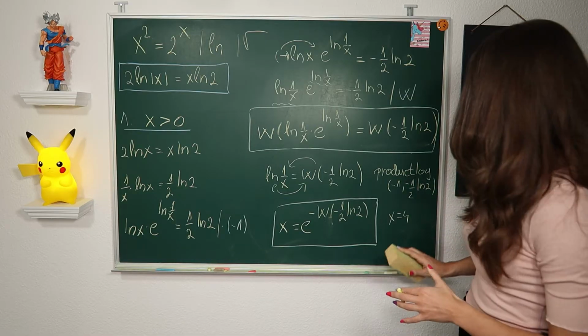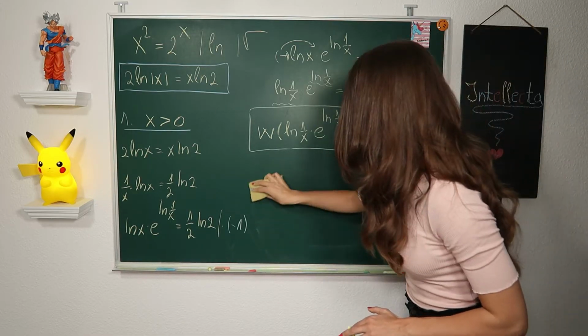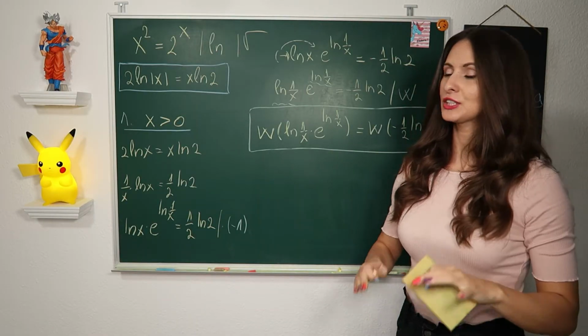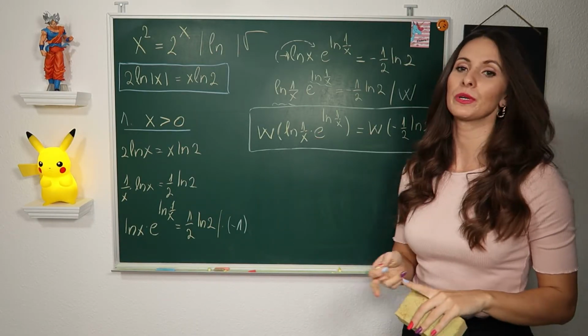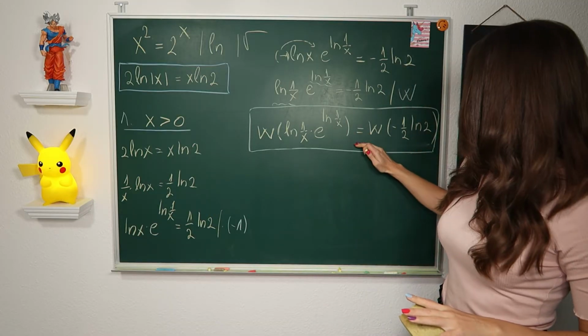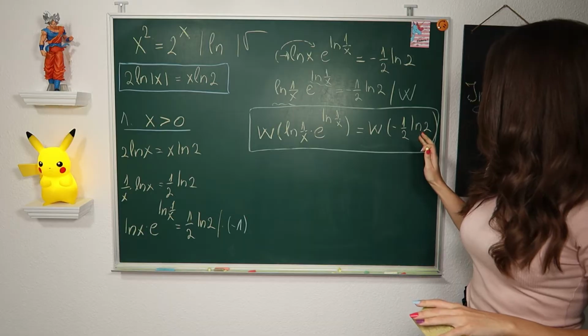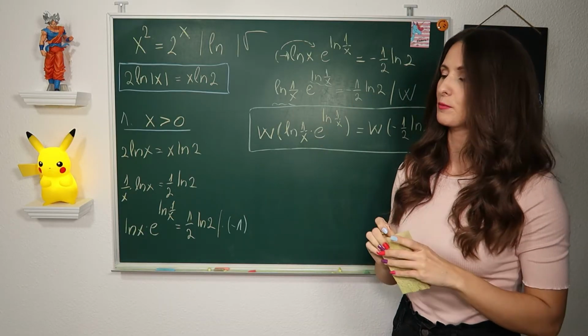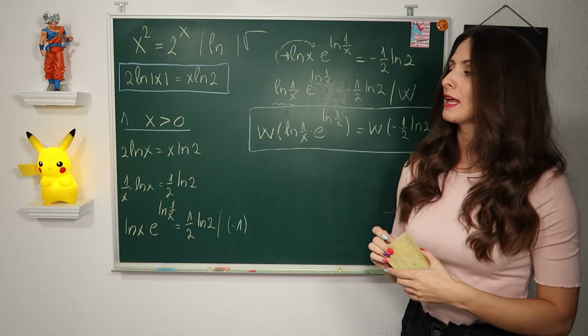I'm going to show you now. The first expression for x you get from this equation here will be for the branch W sub 0. And I said I'm going to show you how to find this expression for x if we consider this branch W sub negative 1.